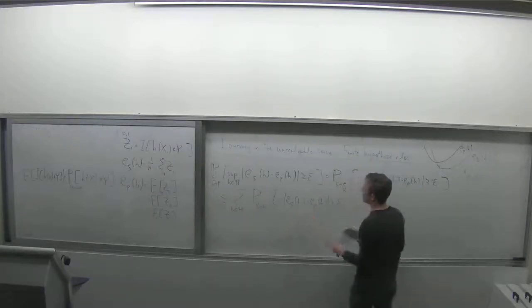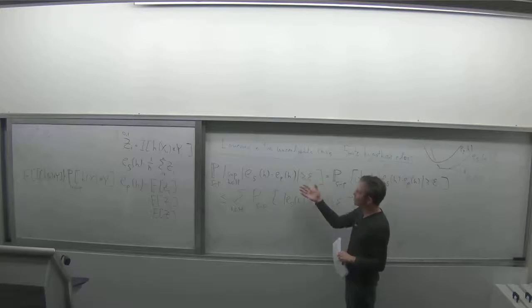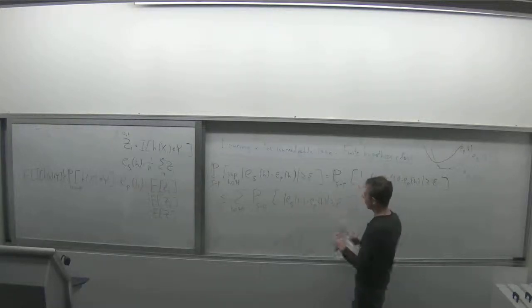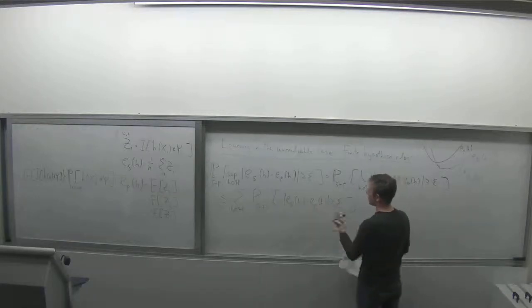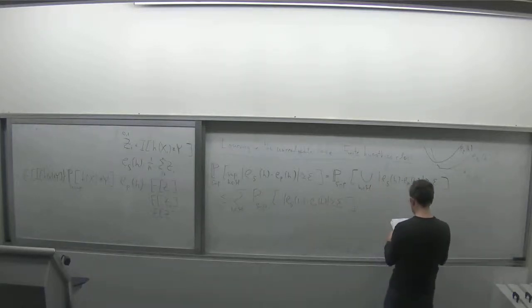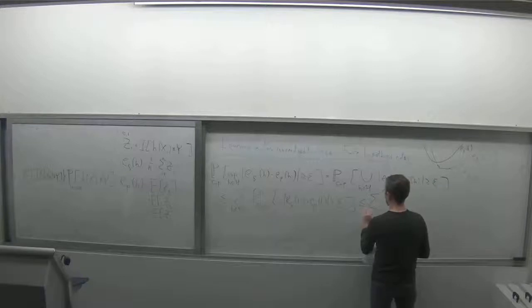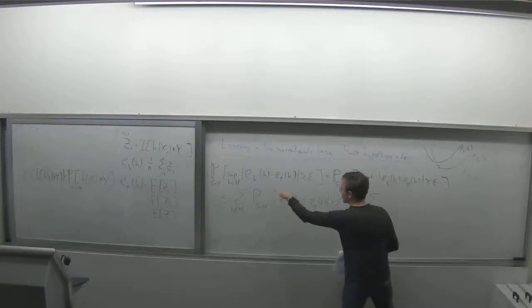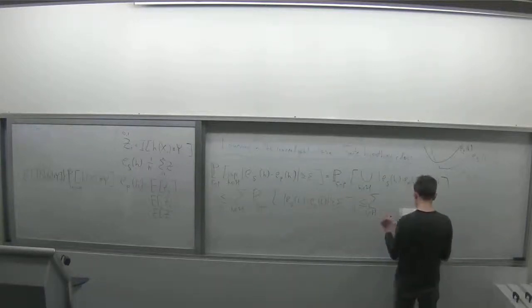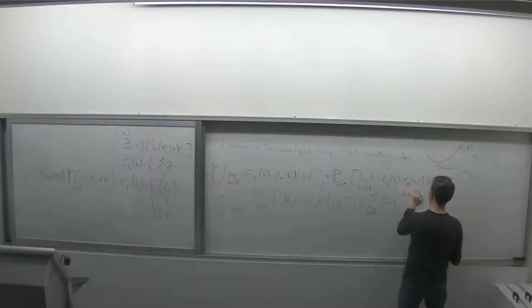This is the probability that, for IID Bernoulli variables, the average is different by more than epsilon from the expected value, and we have the Hoeffding inequality to bound that. I'm going to apply Hoeffding for each one of these. Hoeffding tells us that this is less than or equal to 2e^(-2n epsilon squared).